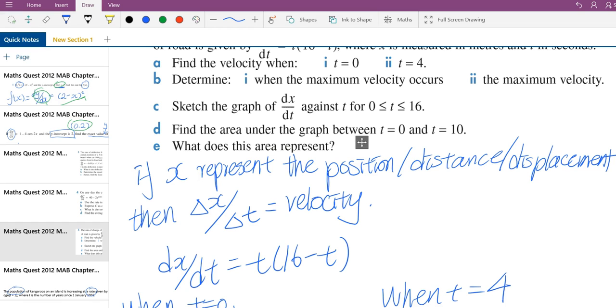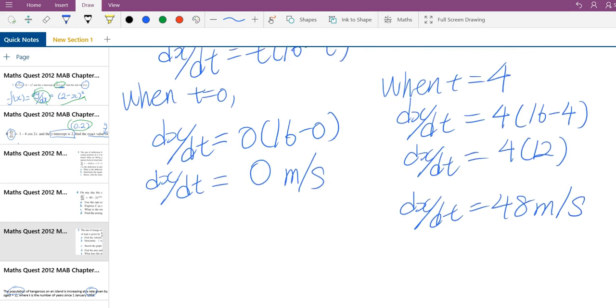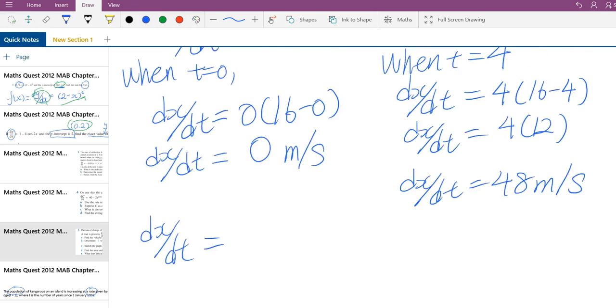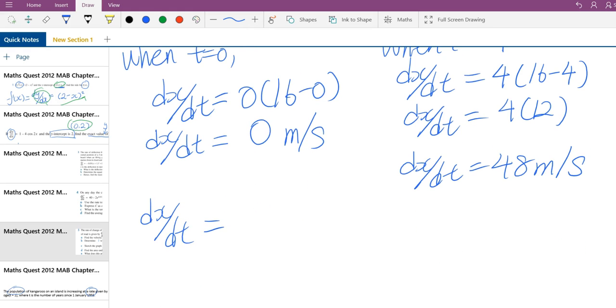The velocity equation is given by dx/dt equal to t(16 - t). The maximum velocity happens at the turning point of this particular graph.